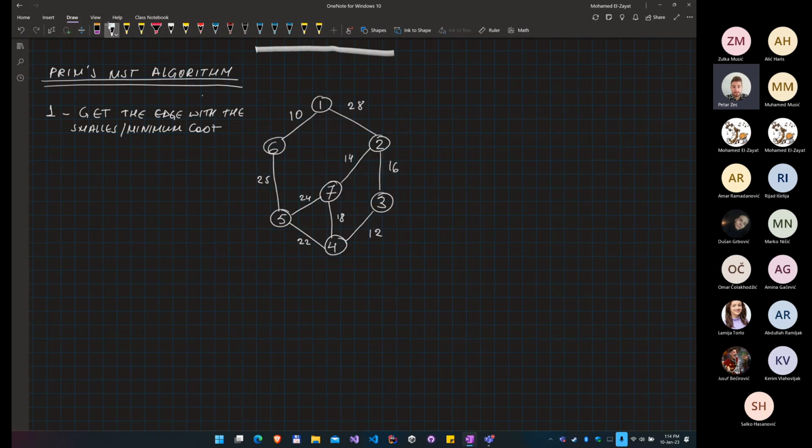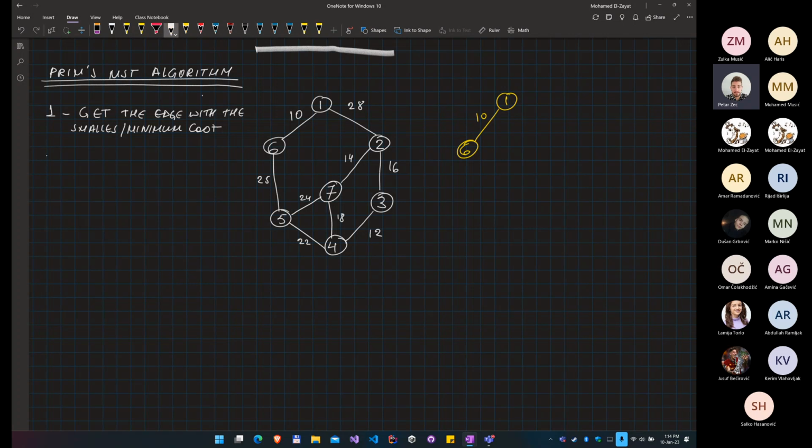Okay, and then I will grab the pen, and I will write this down, maybe in a different color. Maybe yellow would be better to be more visible. 1 and 6 with a cost of 10.